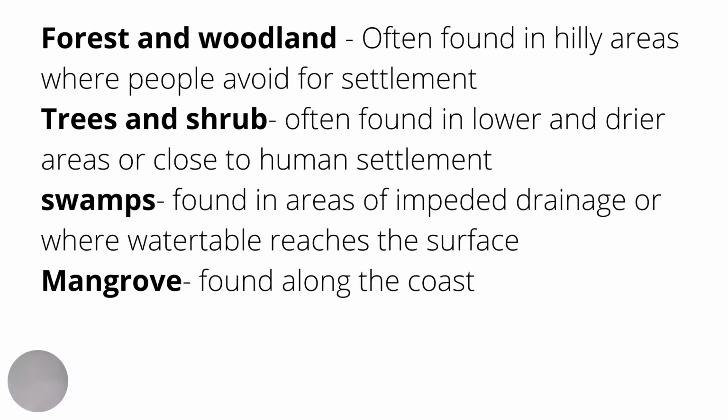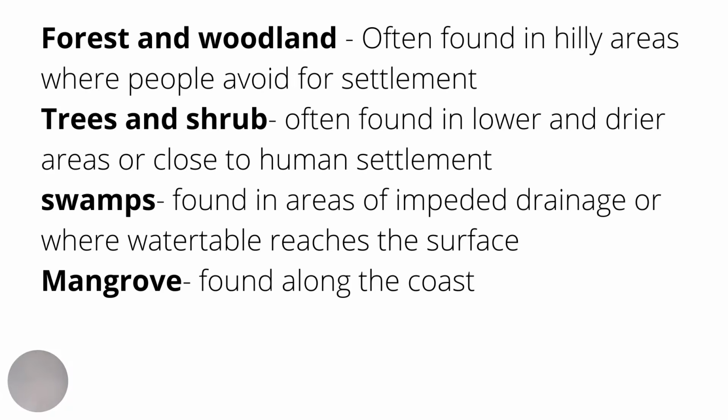If you're being asked to talk about just natural vegetation, then you don't go into this discussion of agricultural vegetation. But if you're just asked to talk about vegetation in general, then you could talk about both cultivated and natural vegetation. So read the question very carefully and try to understand what is required of you.